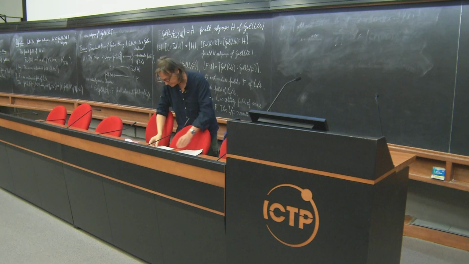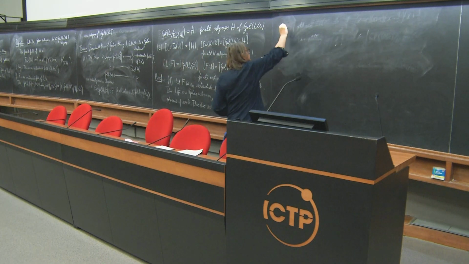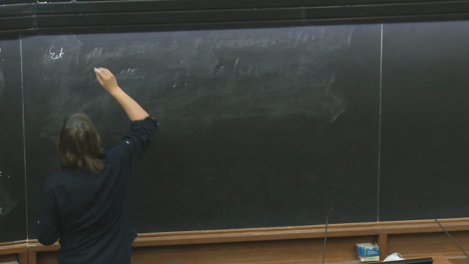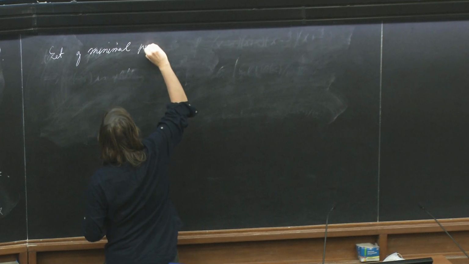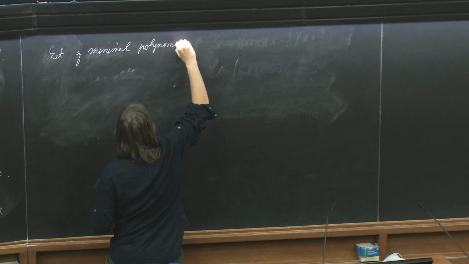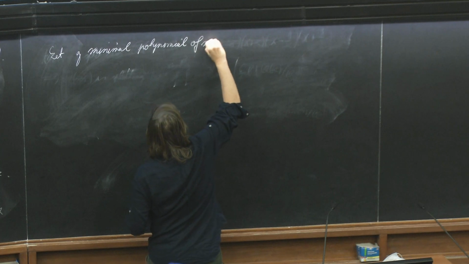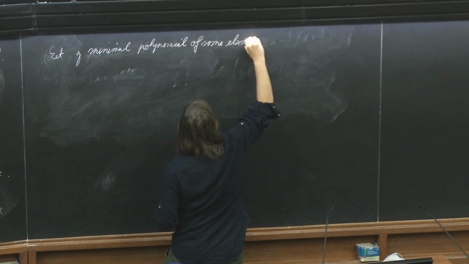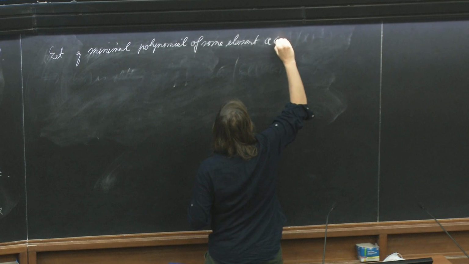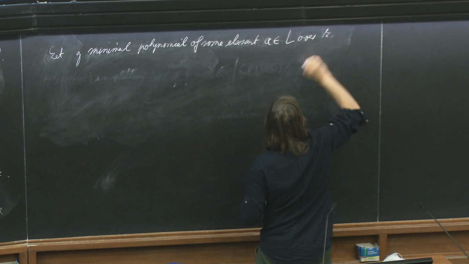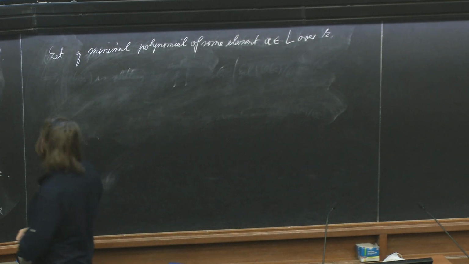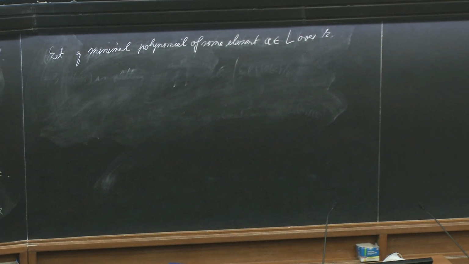So let, say, G be the minimal polynomial of some element A in L over K. Being separable is equivalent to saying that this minimal polynomial of any element A in L does not have multiple roots in its splitting field.